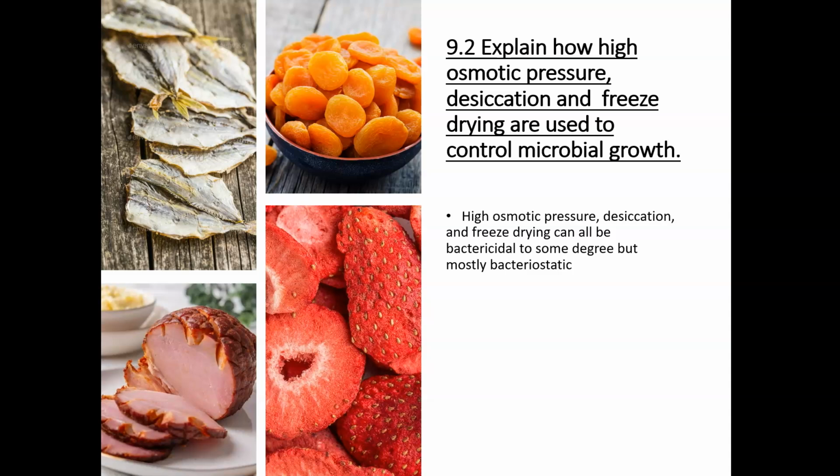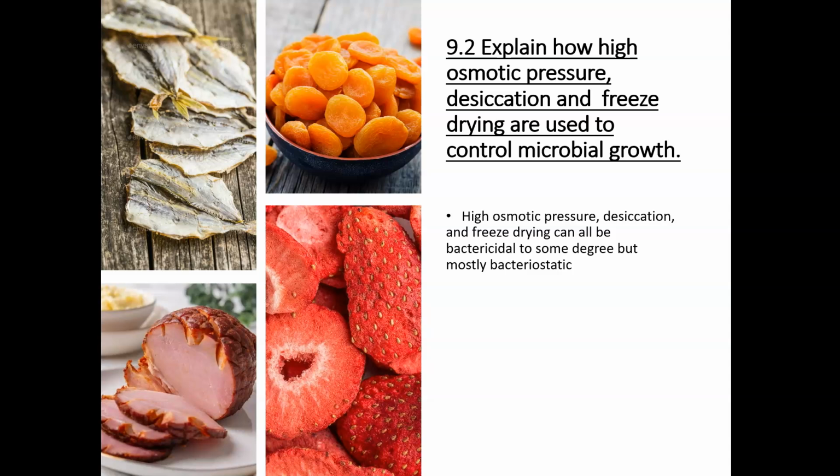So they don't sterilize. They can kill some microorganisms, but there's probably some microorganisms still there, and they might even be alive. They're just not growing. They're just kind of hanging out there. Okay, so in these situations, the foods are bacteriostatic.